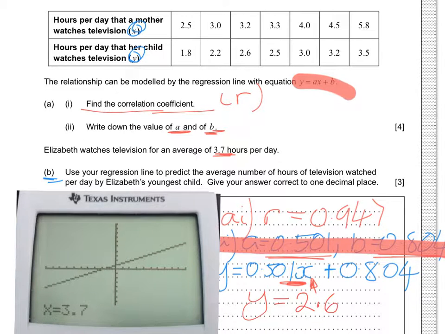Oh, give your answer to one decimal place, so 2.7. Says that there, that's one decimal place. 2.7 hours a day. That's a lot of television for a kid to watch, isn't it?